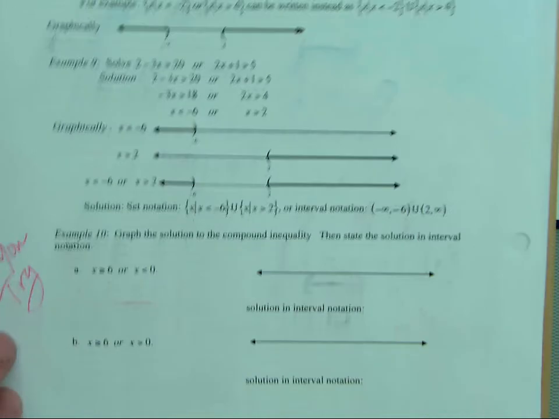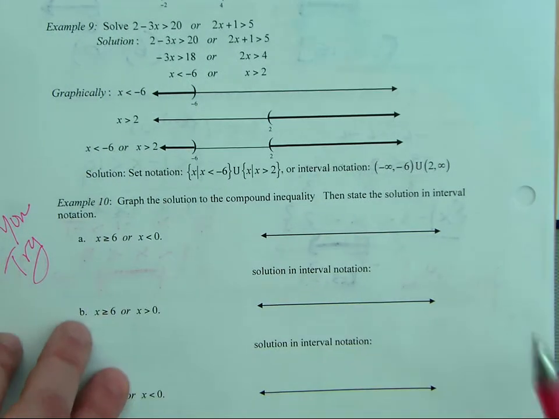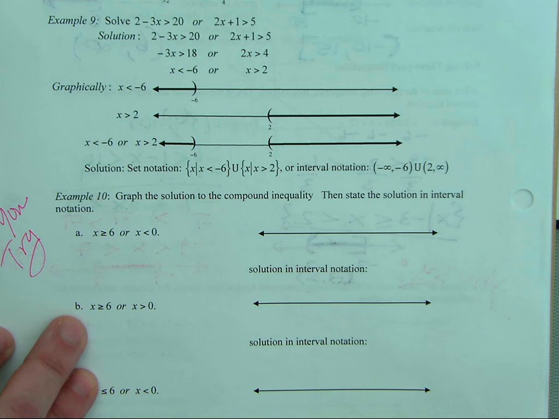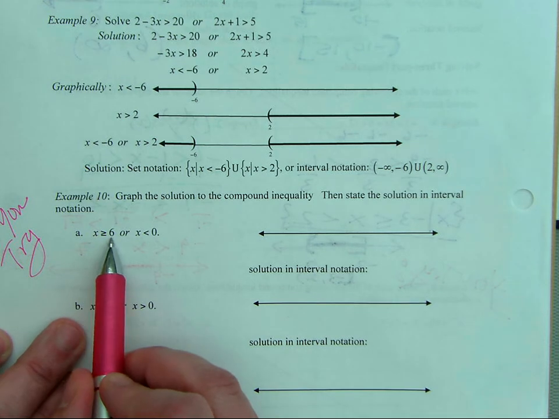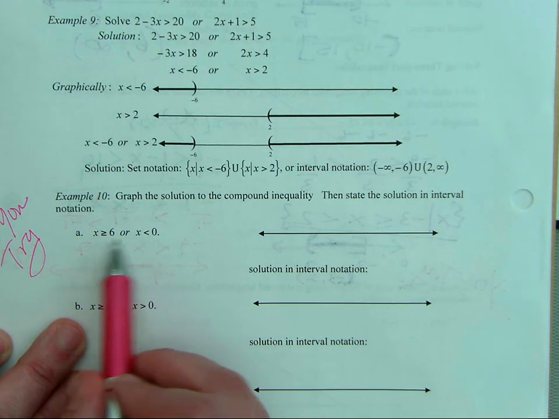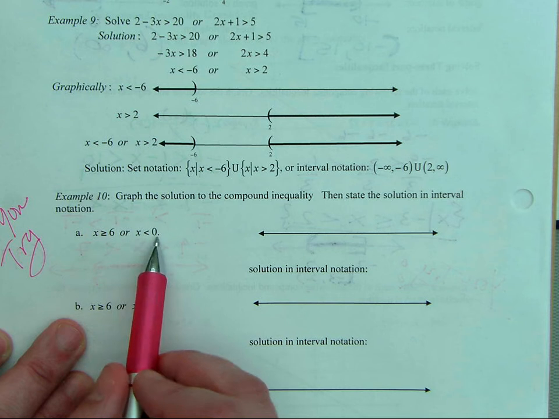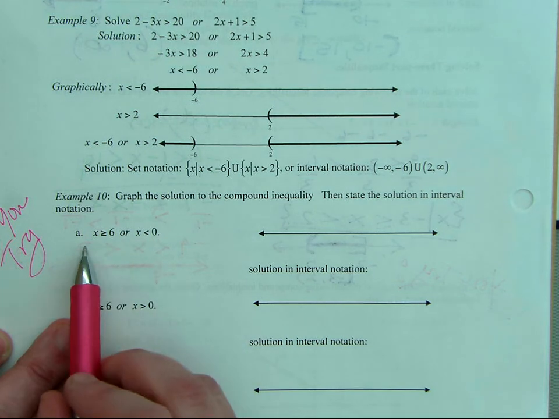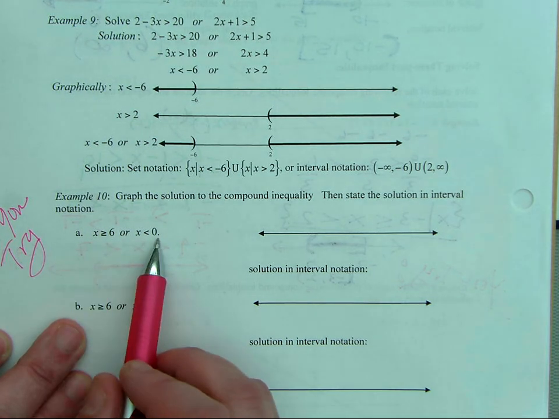So let's just actually try this one, even though I wanted you to try these. If we say x is greater than or equal to 6, or x is less than 0, I can't have a number that would both be greater than 6 and less than 0.